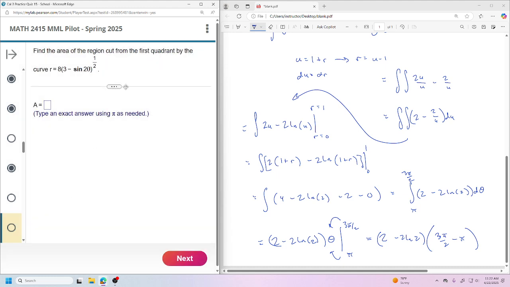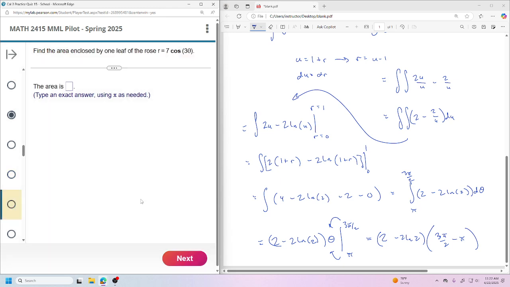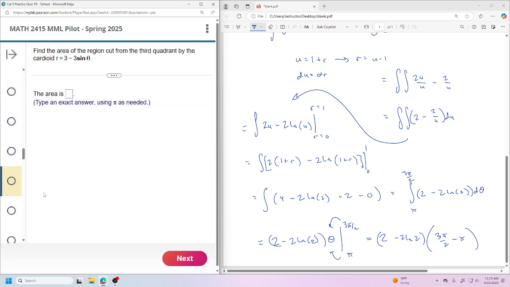Oh, this is not on there. I was going to have this on there, but I can't. If I can't graph it, then I don't know what to do, so I just deleted that one. Anything that has polar curves, I love them, but we can't graph them, so I can't trust myself. Same thing. Gone.